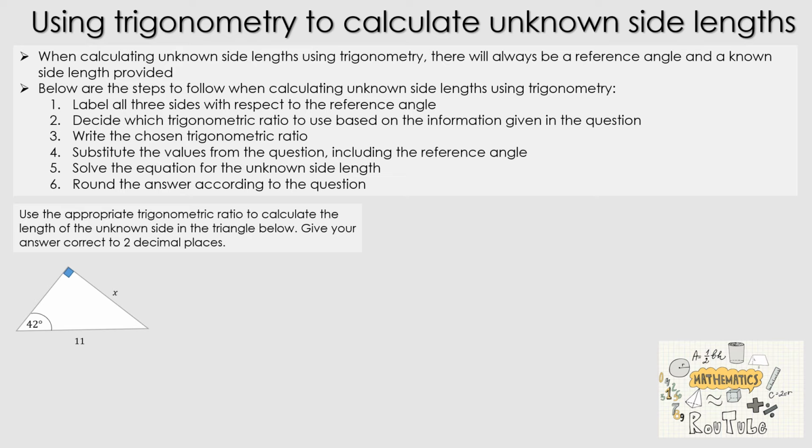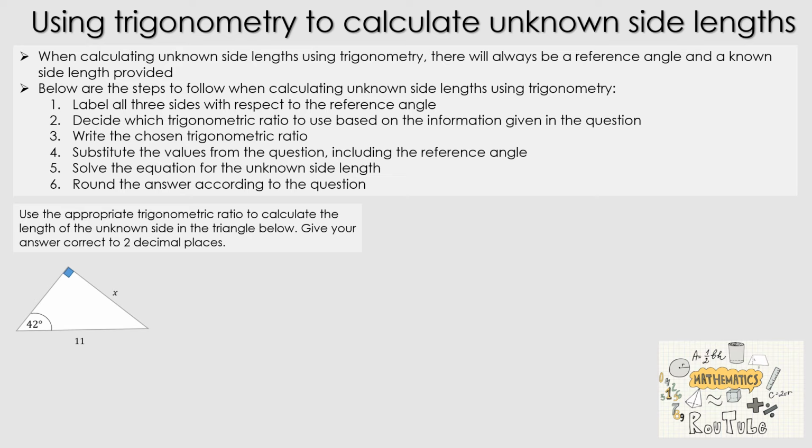If we have a look at the question down the bottom there, you can see there's a clear reference angle provided and one side length provided and an unknown. What I've done is listed 6 steps that you should follow every time you encounter a question like this. Make sure you follow them step by step in that specific order, and then you should hopefully have some success with trigonometry when calculating an unknown side length.